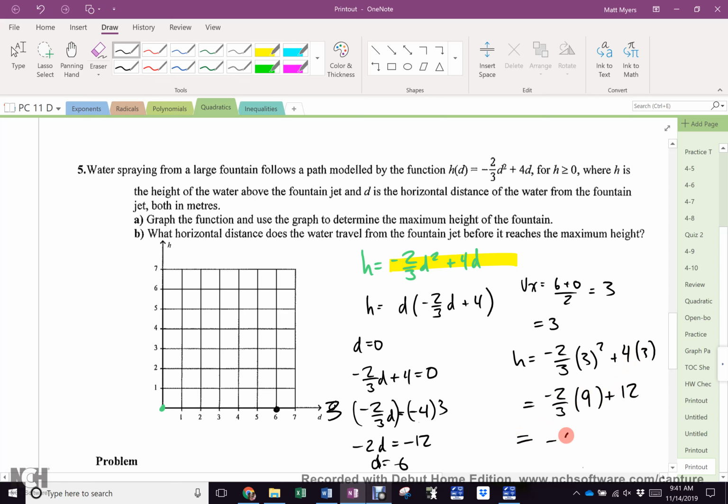Negative 2/3 times 9 is negative 6, plus 12. h equals 6. So that is my Vy. And that is what it looks like. What horizontal distance does the water travel for the fountain jet to reach its maximum height? 3 meters. Maximum height, 6 meters.